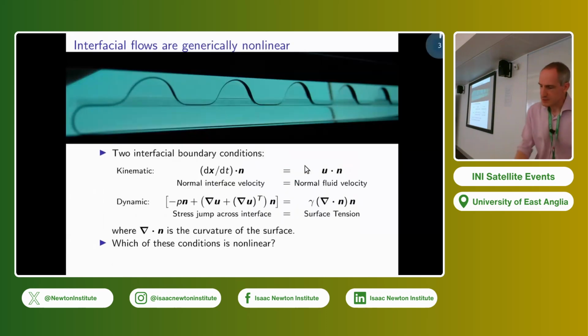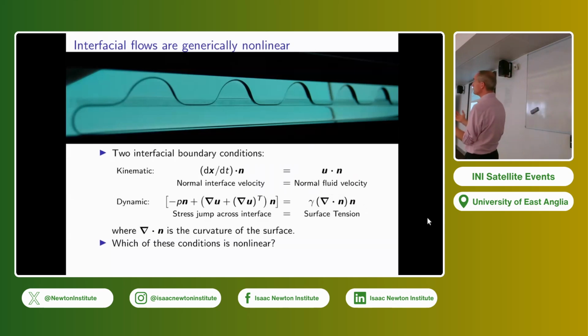But I'll also remind you that one of the reasons for considering problems with interfaces is that interfacial flows are generically nonlinear. And everything that I'm going to talk about, we will not be considering any nonlinearities in the bulk. So the Reynolds numbers of these flows are going to be 0. So there's no nonlinearity coming from the bulk fluid, but we have typically two interfacial boundary conditions.